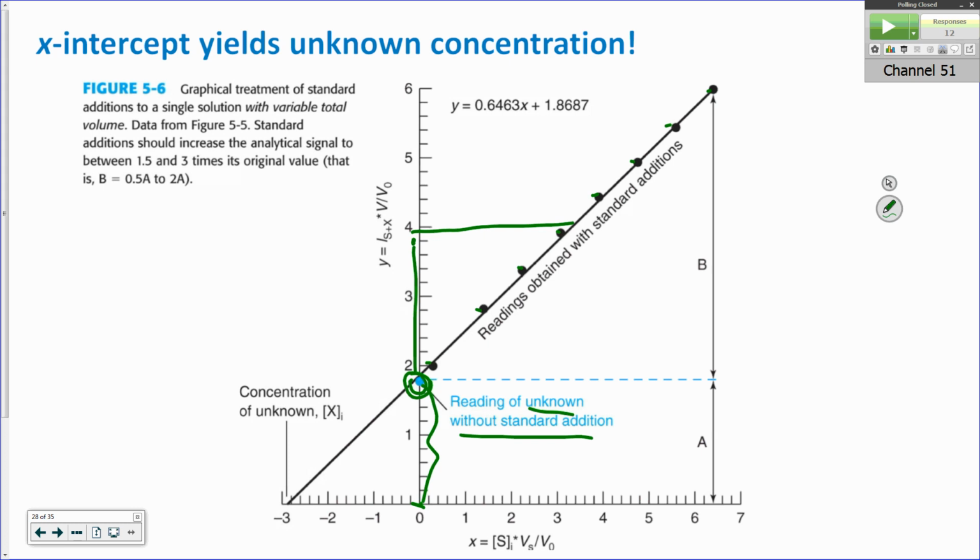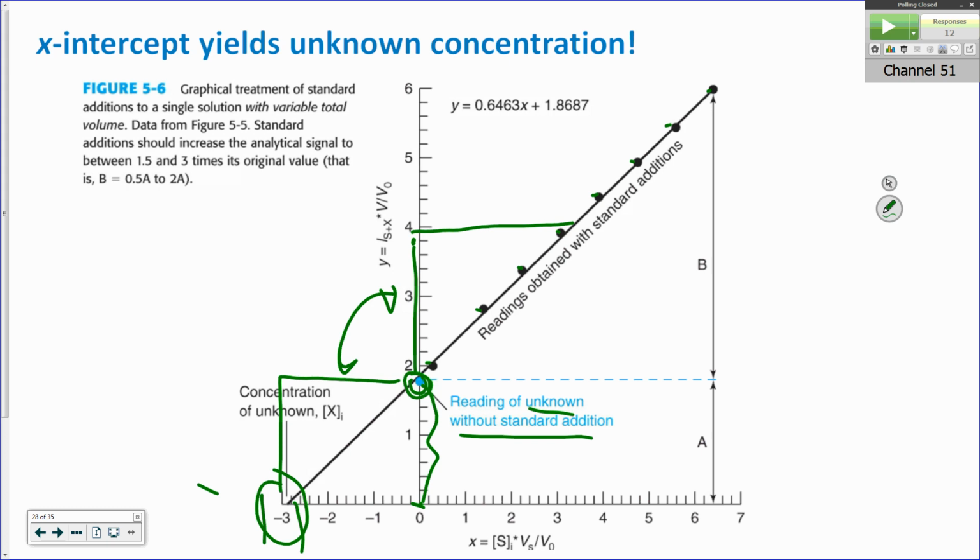But with this signal, if you look at this triangle and this triangle, they're mirror images of each other. So all you really have to do is find the absolute value of the x-intercept. Find out what the concentration is. Okay, it's just a geometry problem.